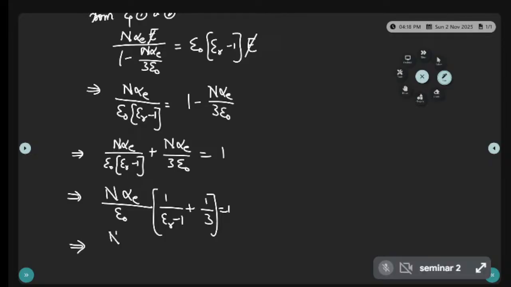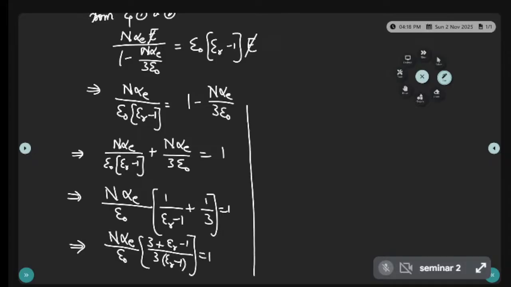So N alpha E by epsilon naught, LCM. What will come? 3 plus epsilon r minus 1 by 3 into epsilon r minus 1 is equal to 1. Simplify this.